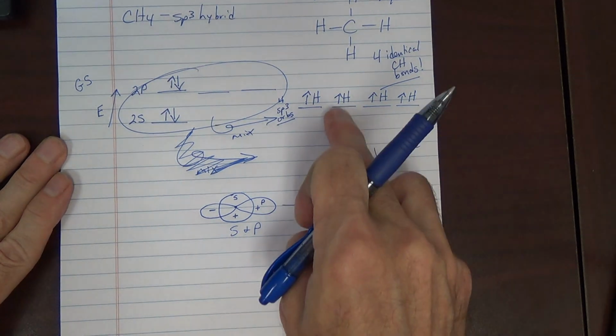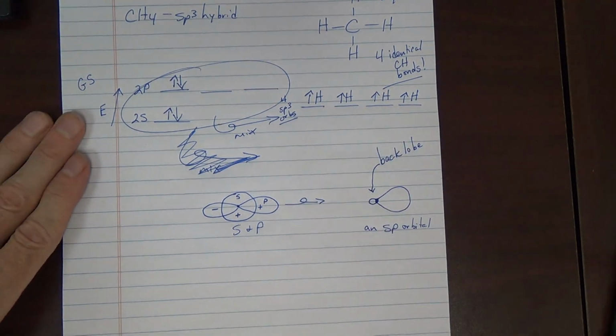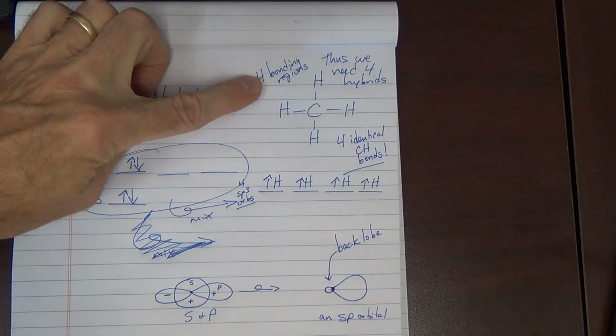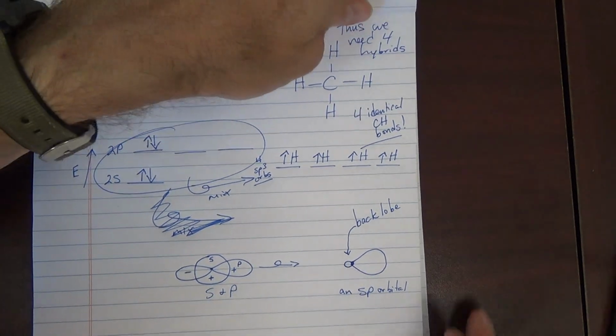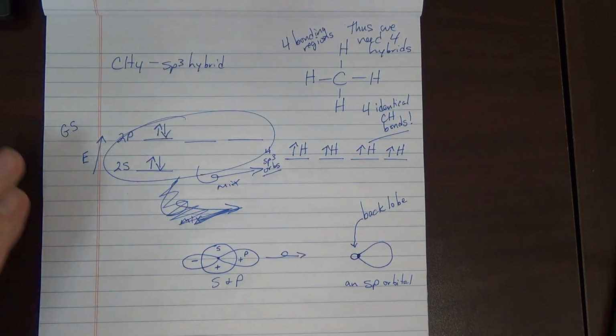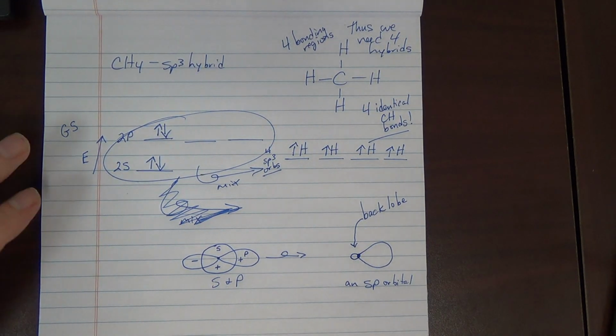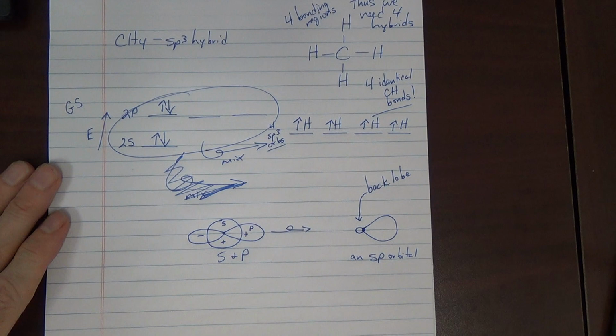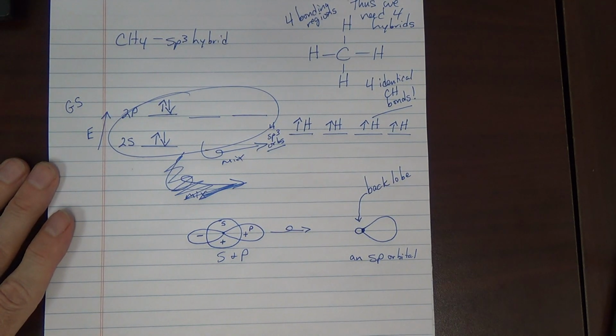Now, how are these 4 hybrids oriented around the carbon? Well, 4 regions spread out in nature in a tetrahedral manner. That provides the most room for these regions.